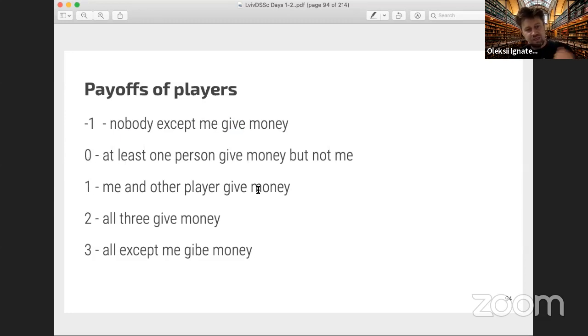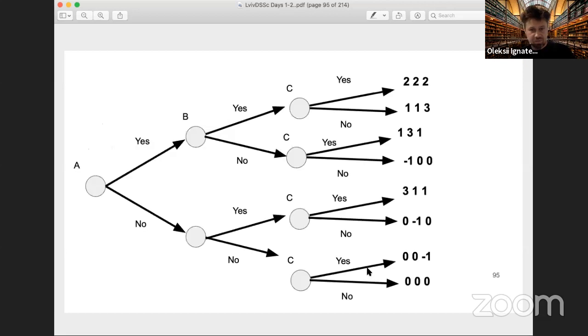It's 1 if I and another player give money, and 2 if all 3 of us give money. And 3 is the best choice for every player, because they are a little bit egoistic here: 3 is when all except me give money. So the 2 other players give money, I didn't, the decoration is fine, and this is the best possible payoff for this player.